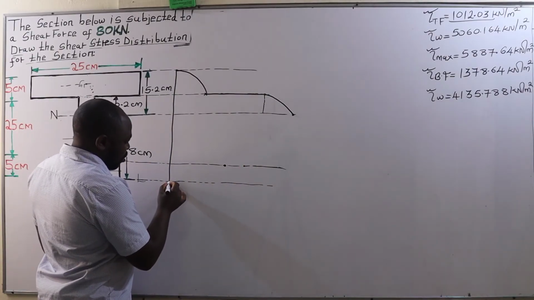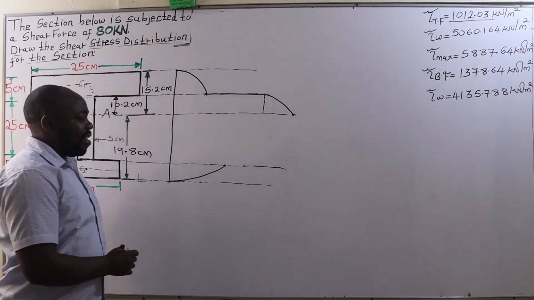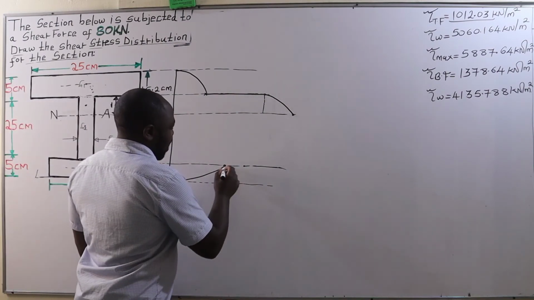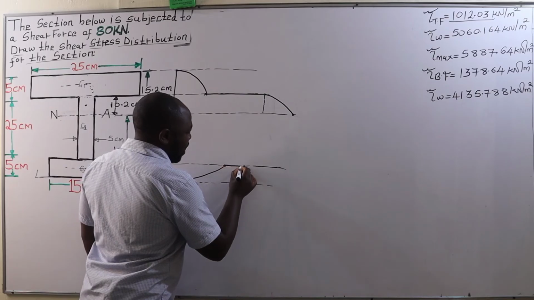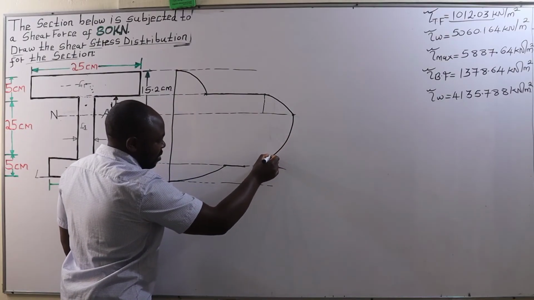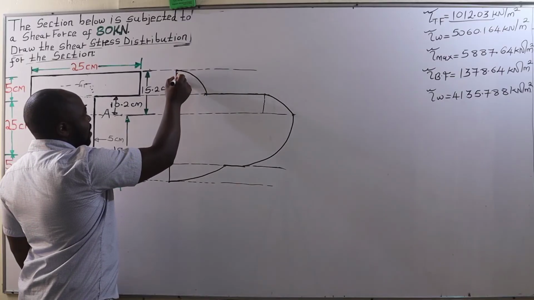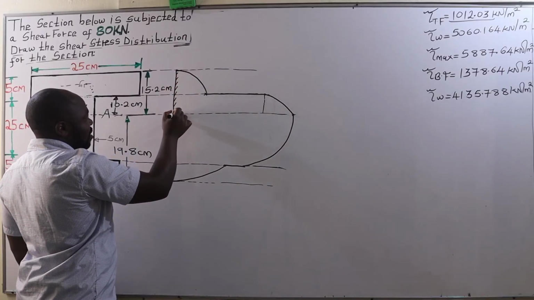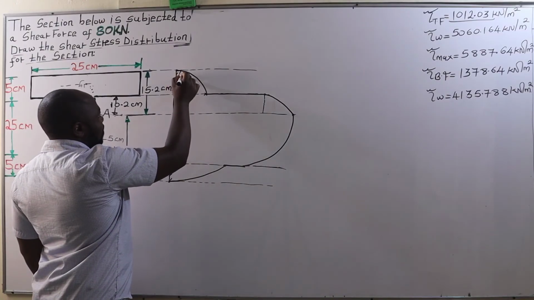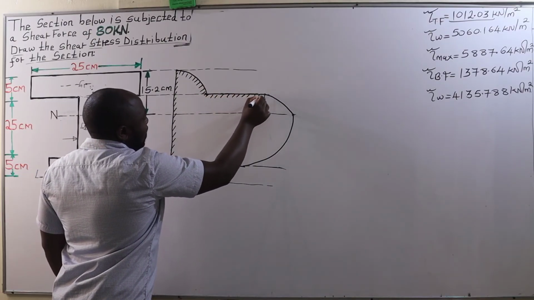Therefore, we are going to join the 0 shearing stress to the stress at the junction of the lower flange and the web, which is 1378, increases to 4135, and then we join that with the maximum shearing stress with a smooth curve. And therefore, ladies and gentlemen, that is now our shear stress distribution diagram for an I-beam section whose top and bottom flanges have got different dimensions.